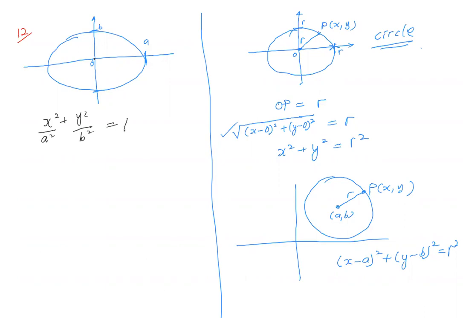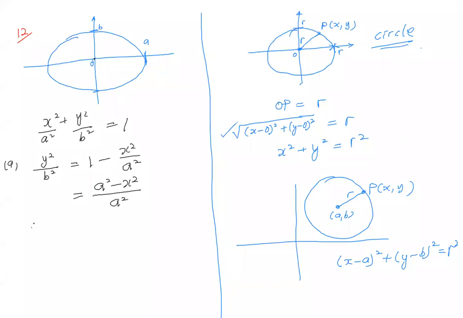For part A, I want to show, so what I need to do is write y as the subject. So I just do the rearrangement. I can write this as one single fraction, can I not? 1 is a squared over a squared.